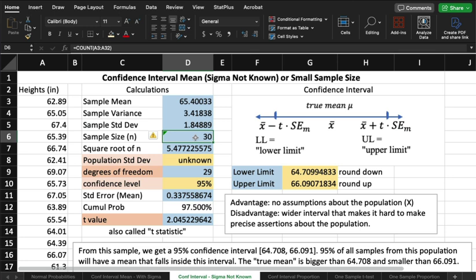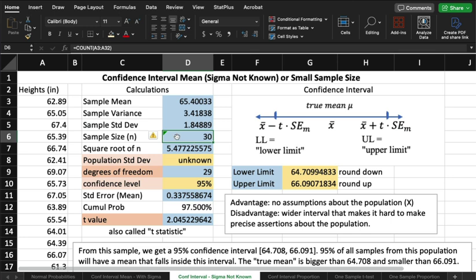And the sample size, you can either just type this in yourself, or if you have the data in column A, you get your sample size by just using the Excel function count. So it's equals count, parenthesis, and then A3 down to A32, close parenthesis. It just so happens that I have 30 values of data.